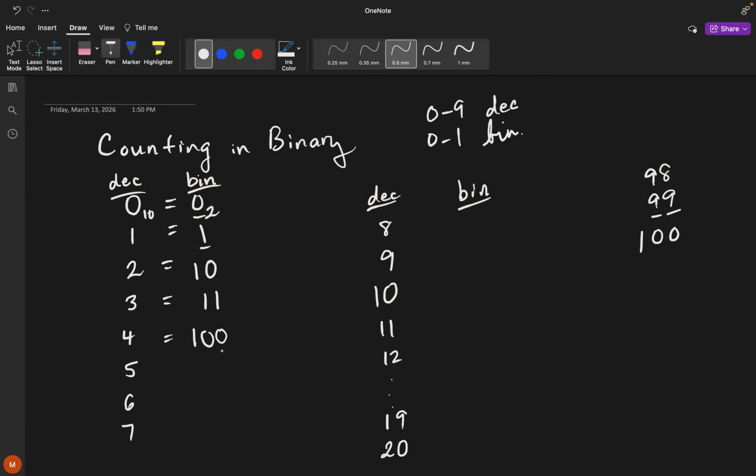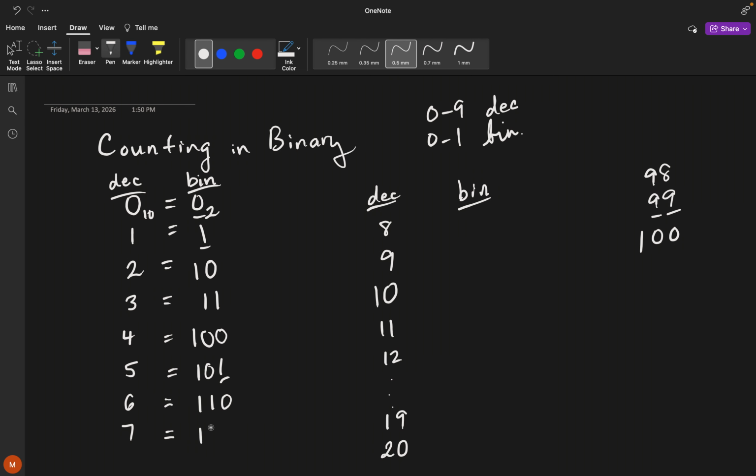And so just watch as I fill this out and notice the pattern. So we always fill up from the rightmost place, and then we use that little starting back over at 0 pattern that we just saw. So the next one will be 101. And now this one is full, so we move to 110.